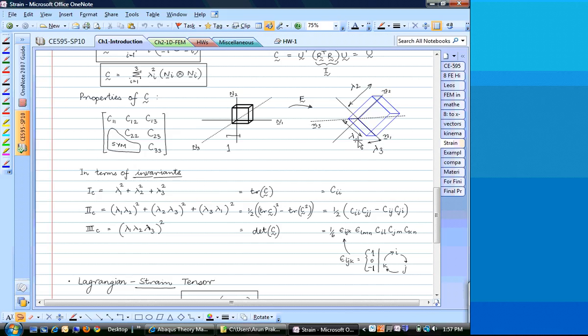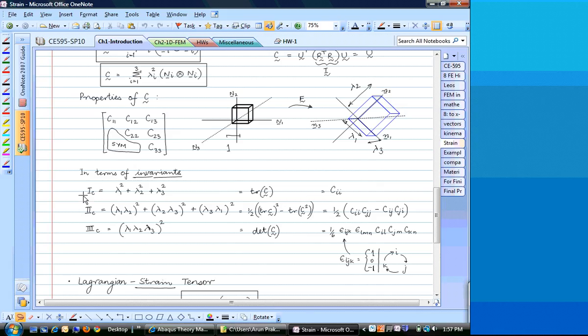If there is no strain, then lambda 1 is equal to lambda 2 is equal to lambda 3. So if there is no strain, what is the value of IC? It's 3, right? If lambda 1 is equal to lambda 2 is equal to lambda 3, they're all 1, then this becomes 3.